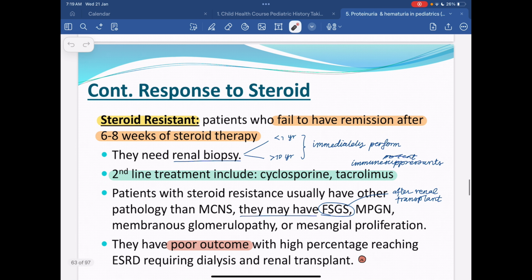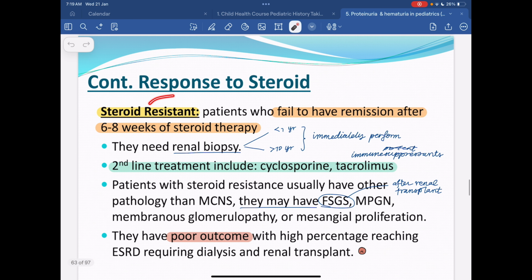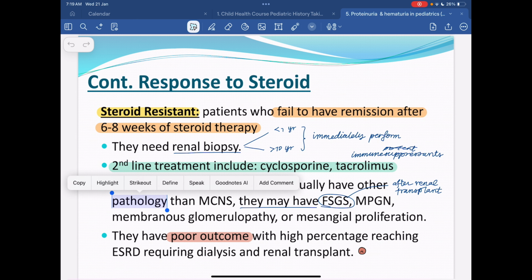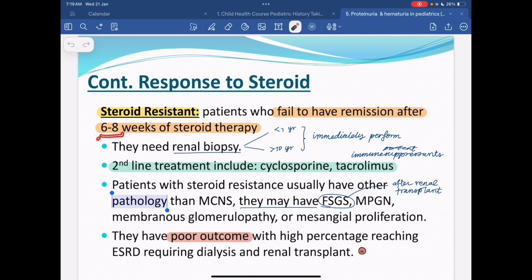أما steroid resistant، وقلنا steroid resistant هو اللي في حالته بناخذ لنا renal biopsy. They are patients who fail to have remission after 6 to 8 weeks of steroid therapy.